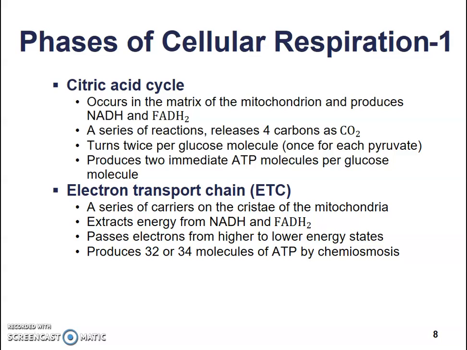And then finally, the last step where most of the energy is generated is the electron transport chain. It's very similar to the electron transport chain in photosynthesis. Okay, it extracts energy from those NADHs and FADH2s that we have made, and it passes electrons from higher to lower energy states.